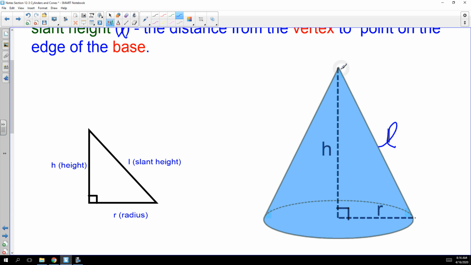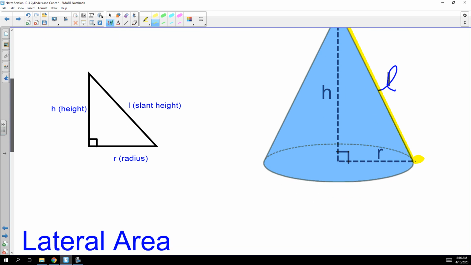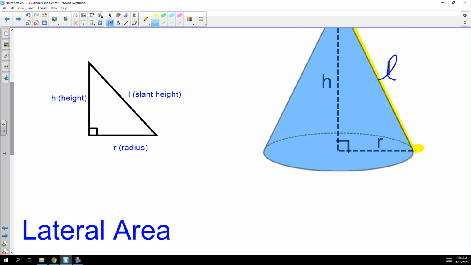So the slant height is when you trace a path like this from the vertex along the lateral surface of the cone, the curved surface, down to a point on the circular base, and that would be the slant height. Got it? Remember that the height always has to be from the vertex perpendicular to the plane that contains the circular base, not necessarily straight up and down to the center. Sometimes it is, sometimes it's not. In an oblique cone, that would not be the case.